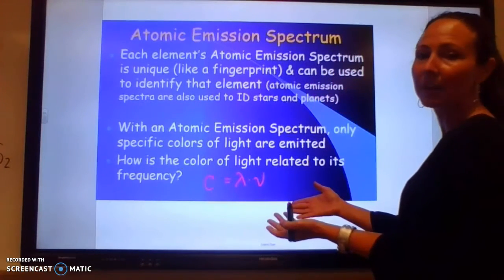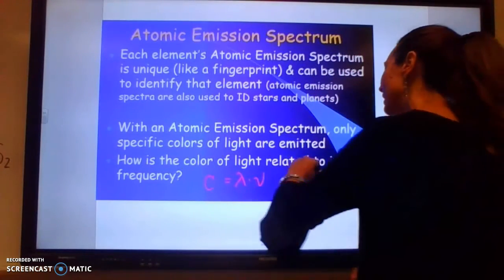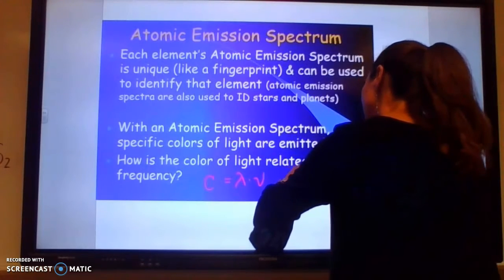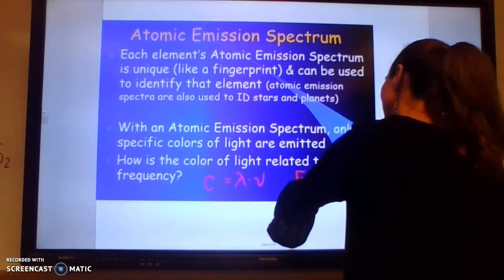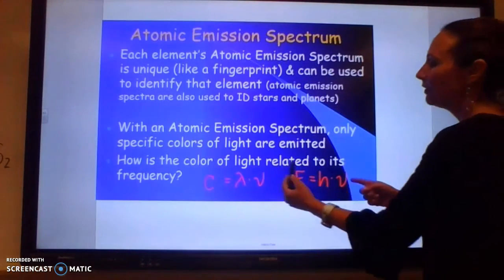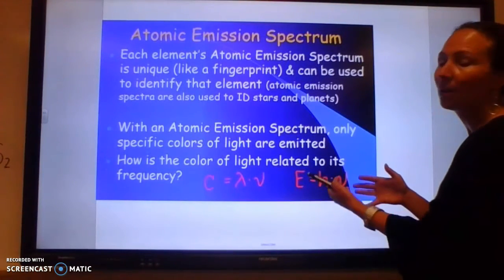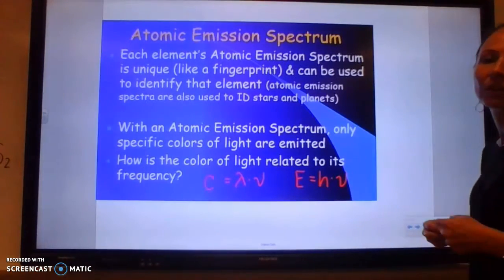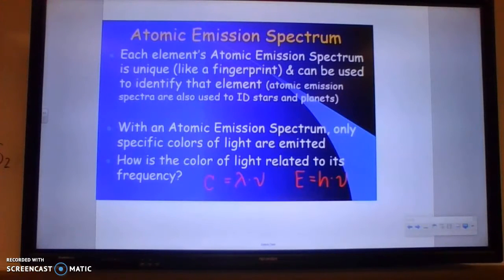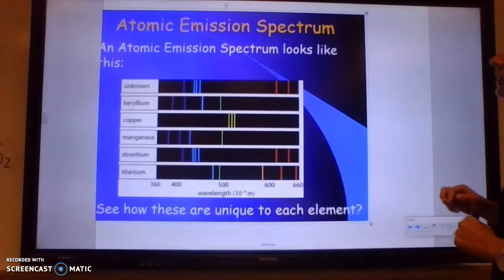I told you guys that we weren't going to have to actually do this math, but the energy of light is equal to a constant times the frequency. And if you do some substitutions here, you can take the frequency or the wavelength and make it related to the amount of energy. Okay? So that's how the color of light is related to the frequency.